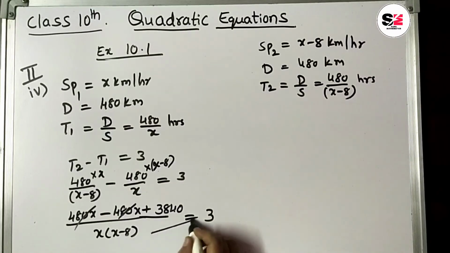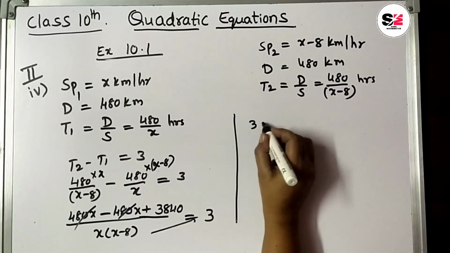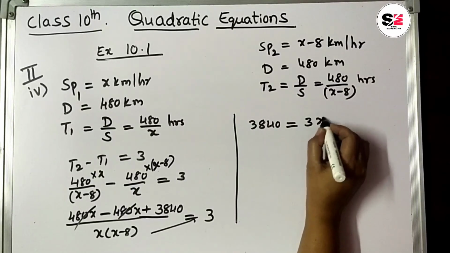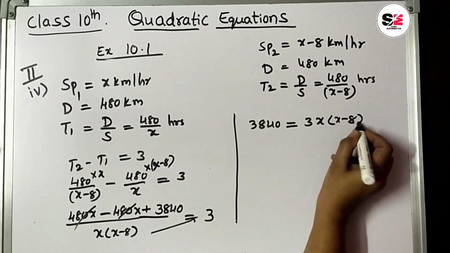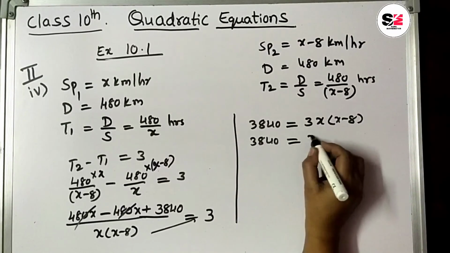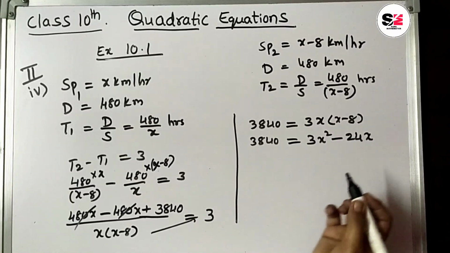Next, take cross multiplication. So here 3840 is equal to 3 into x into x minus 8. 3840 is equal to 3x square minus 24x.